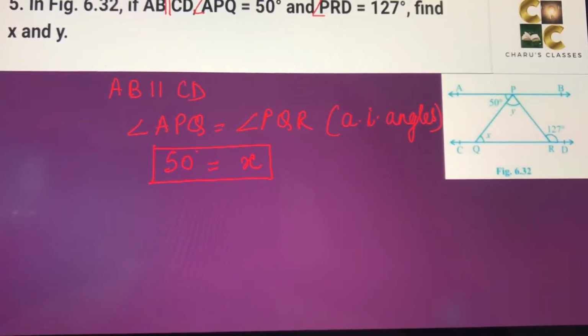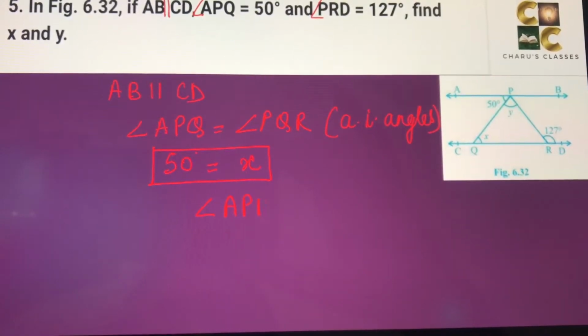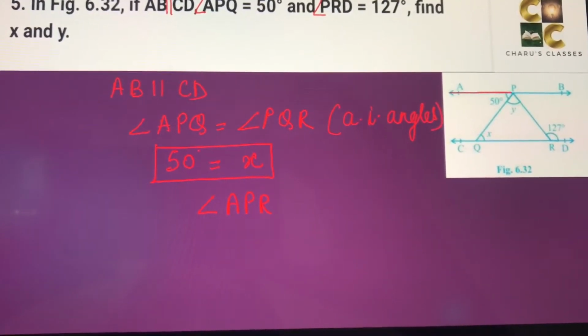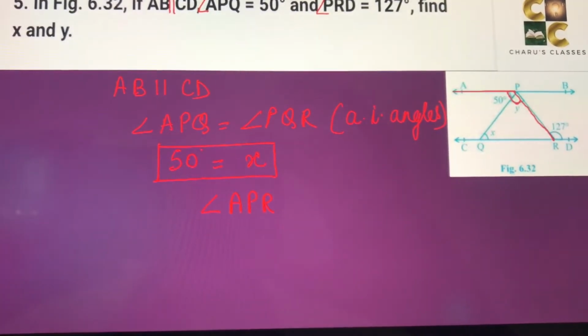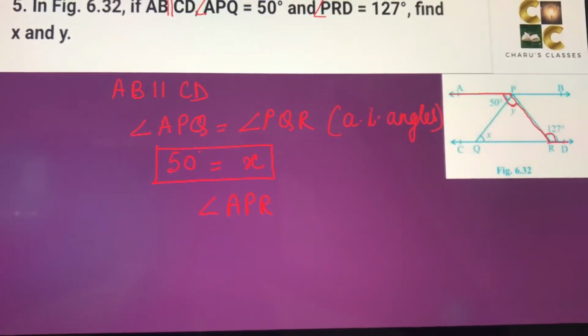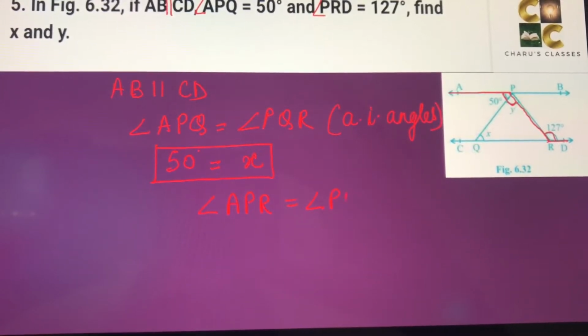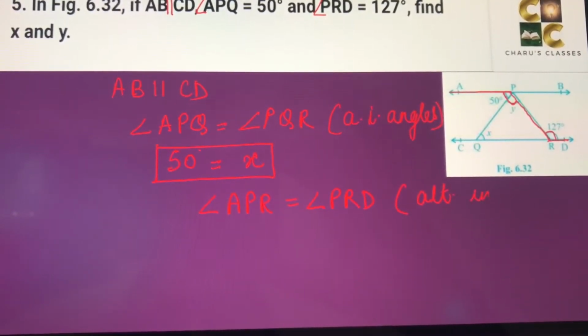If we talk of angle APR, that is this angle APR, then this angle should also be equal to angle PRD, again because they are alternate interior angles.